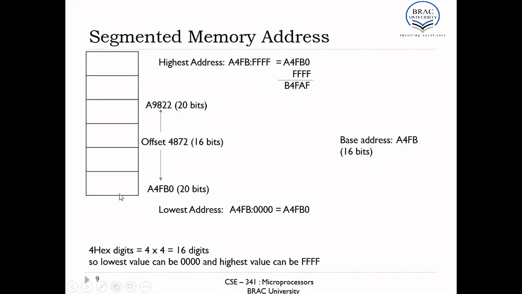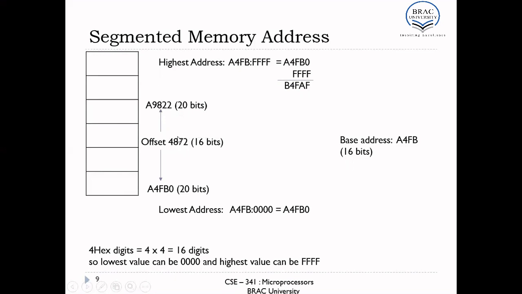So for this segment, the lowest offset address should be A4FB plus 0000. That means A4FB0. And the highest address, that means this location, should be A4FB0 plus FFFF. That means B4FAF. This is the highest address for this particular segment. So from this figure, we know the base address is A4FB, that is of 16 bits.